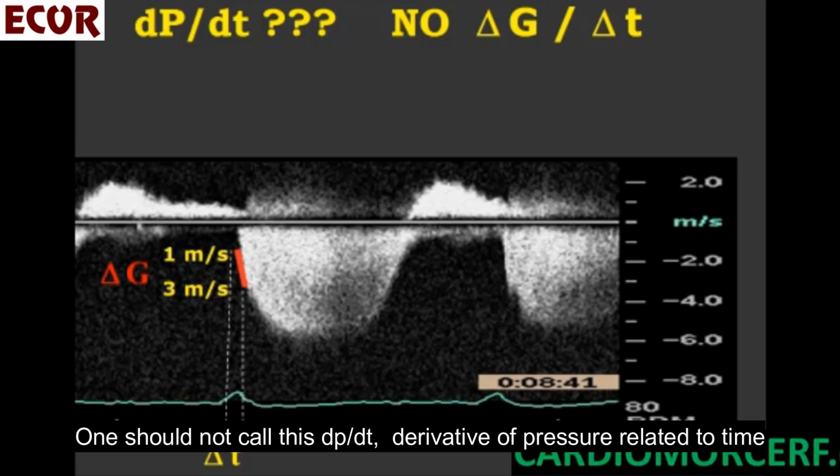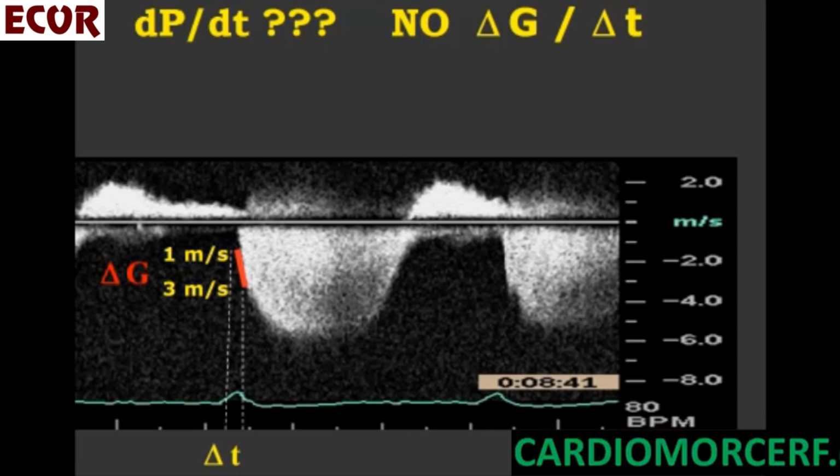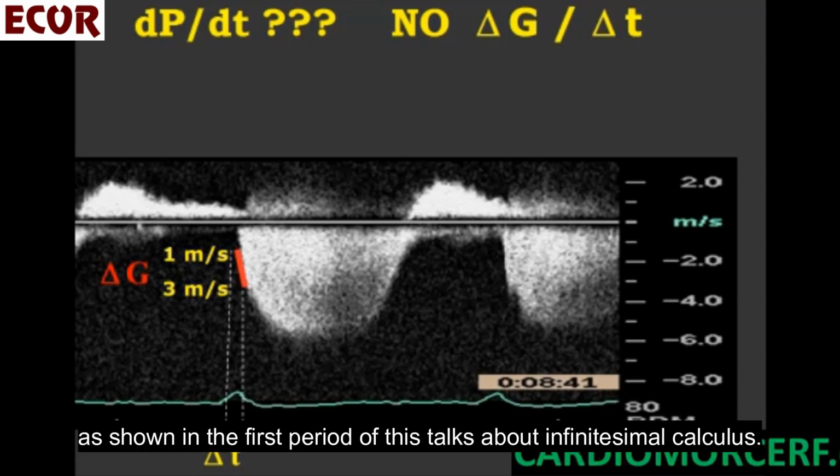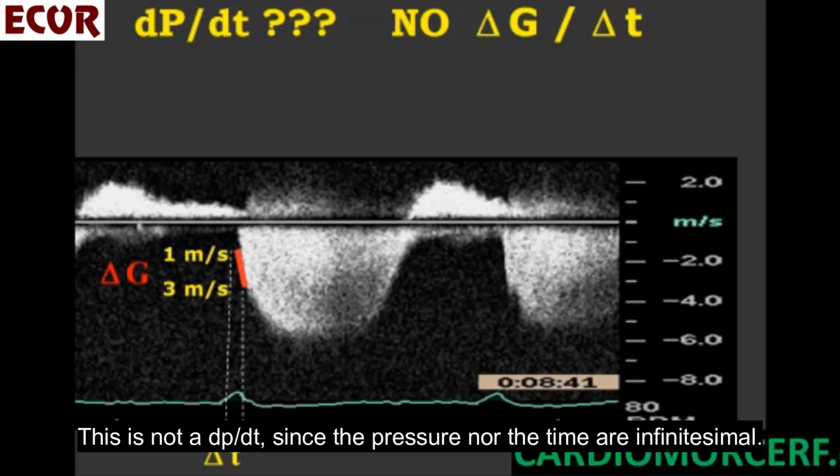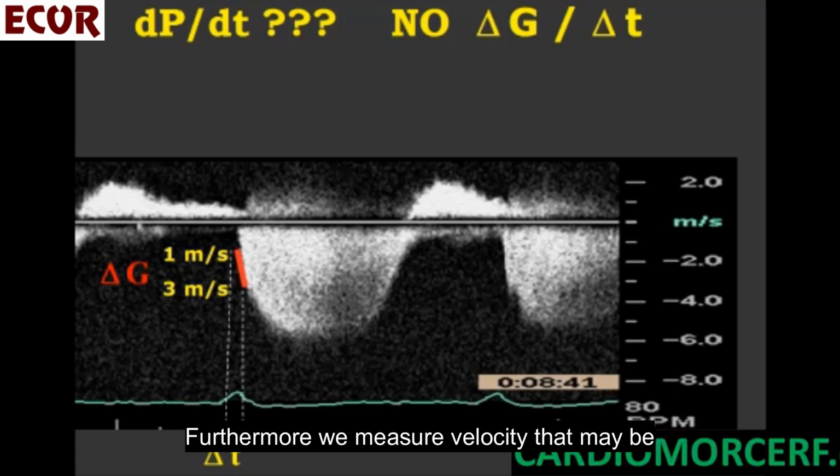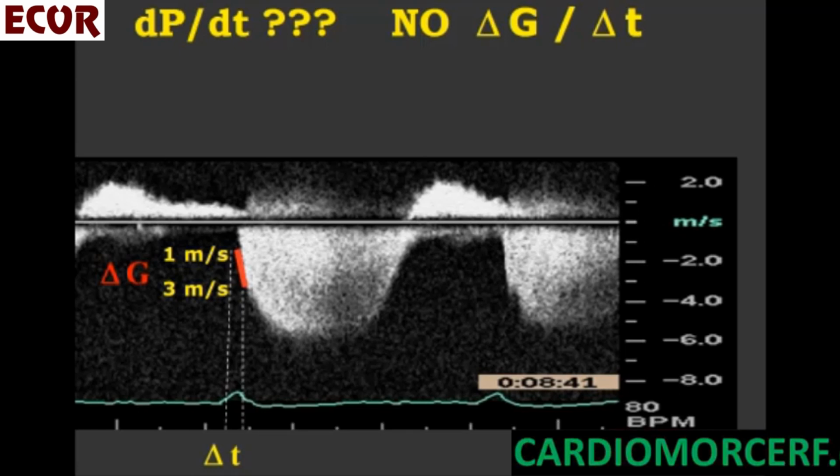One should not call this dp/dt, or derivative of pressure related to time. As shown in the first period of this talk about infinitesimal calculus, this is not dp/dt, since neither the pressure nor the time are infinitesimal. Furthermore, we measure velocity that may be considered a gradient, not a pressure.